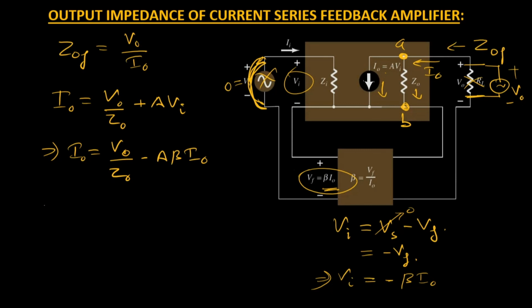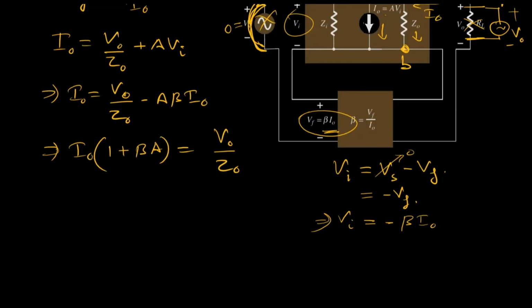Now let us take all the I0 terms on one side and take I0 common from them: I0 times (1 plus A multiplied by beta) equals V0 over Z0. If we rearrange the equation a bit, it will become V0 over I0, and Z0 will simply get multiplied by (1 plus beta times A), right?